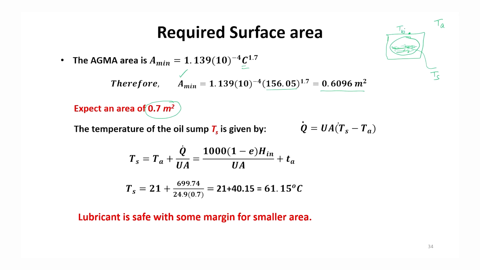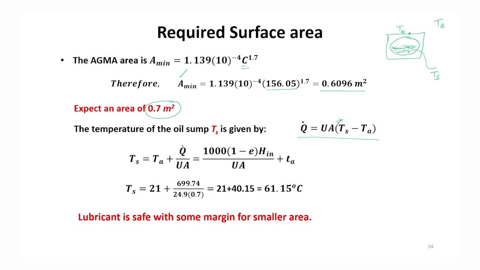Okay, so we can find the oil sump temperature with this formula. Q dot is equal to overall heat transfer coefficient and the lateral area of the casing multiplied by T_s, which is the average temperature of the lubricant, minus atmospheric temperature.